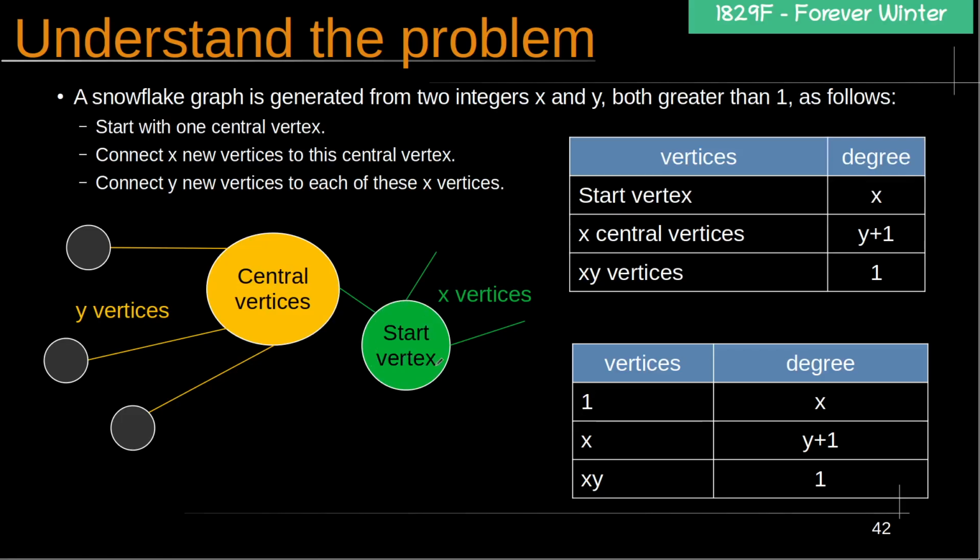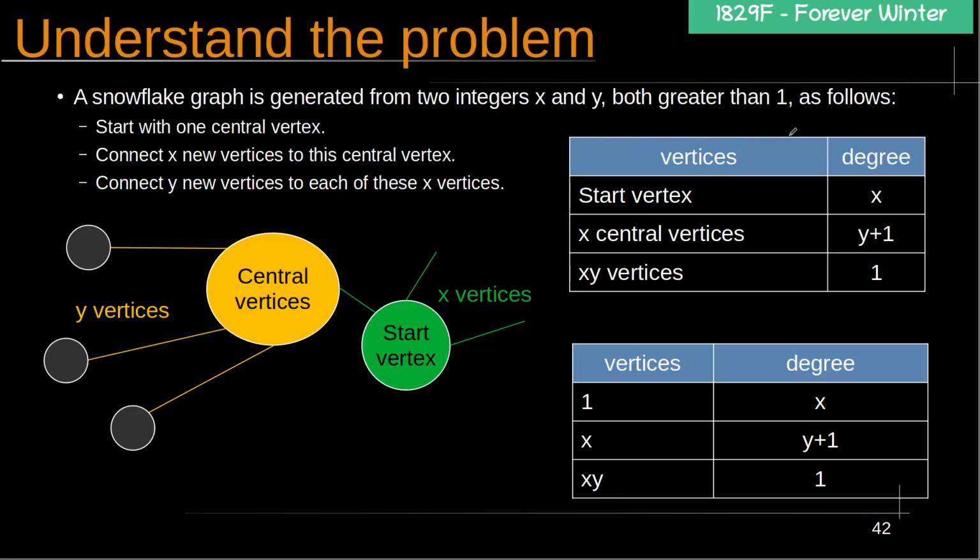From that start vertex, we have x vertices, so x edges. And for each edge in green here, from that start vertex, we connect what I call a central vertex, so we have many central vertices here. And for each central vertex, we have to connect y new vertices.